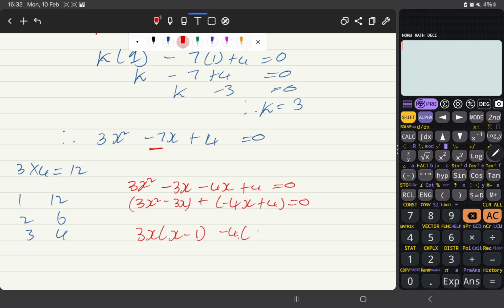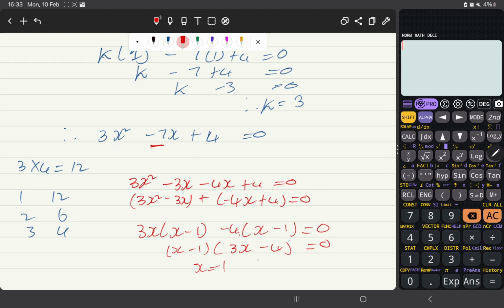I have x minus 1. So I already see where that root of mine, x equals to 1, is coming from. Then I have x equals to 1, and here I'll have 3x equals to 4, implying that x is equals to 4 over 3. So this is the other root of this problem.